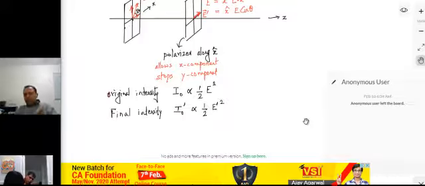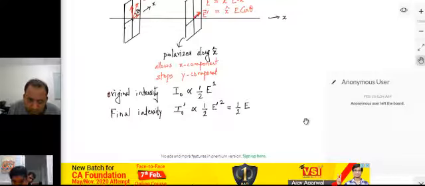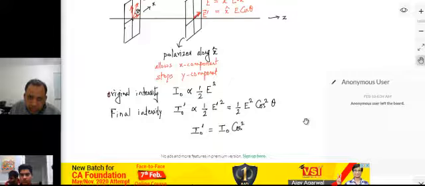But E prime is E cosine theta, so you square that out, so that's equal to half E square times cosine square theta. So what we have learned is that I naught prime is equal to I naught times cosine square theta.